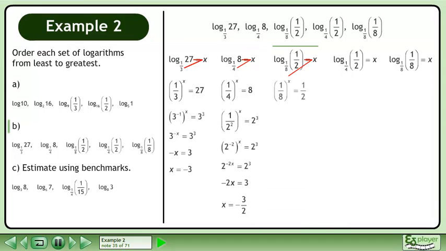The next logarithm can be written as 1 over 8 to the power of x equals 1/2. Write 8 as 2 cubed. 1 over 2 to the power of 3 equals 2 to the negative 3, and 1 over 2 equals 2 to the negative 1.